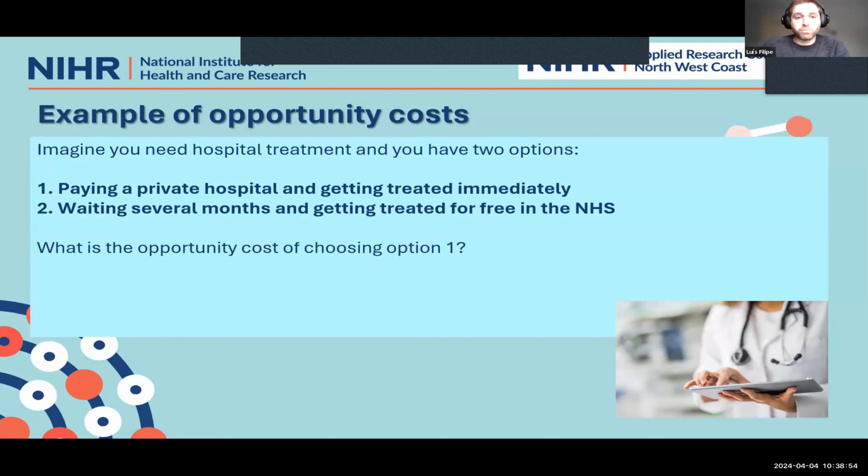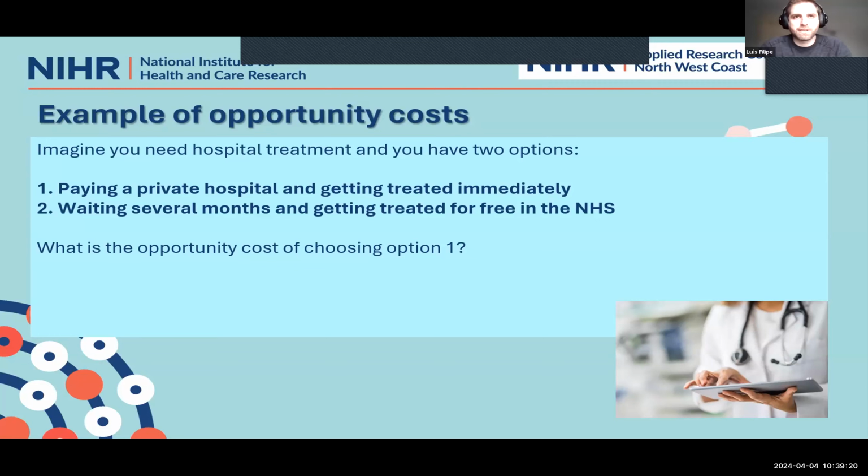So yeah, when you pay for a private hospital, it's true you lose the money. So what could you be doing with the money? Of course, in here we are not giving you the second best alternative for that money. So you cannot give a precise answer. The correct answer would be the alternative use of that money.